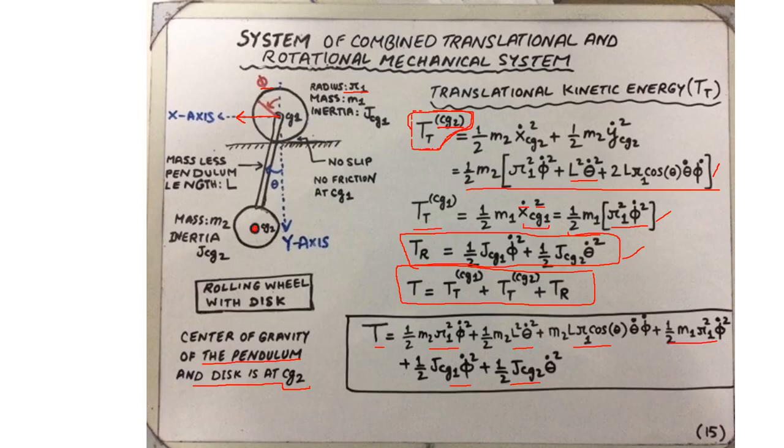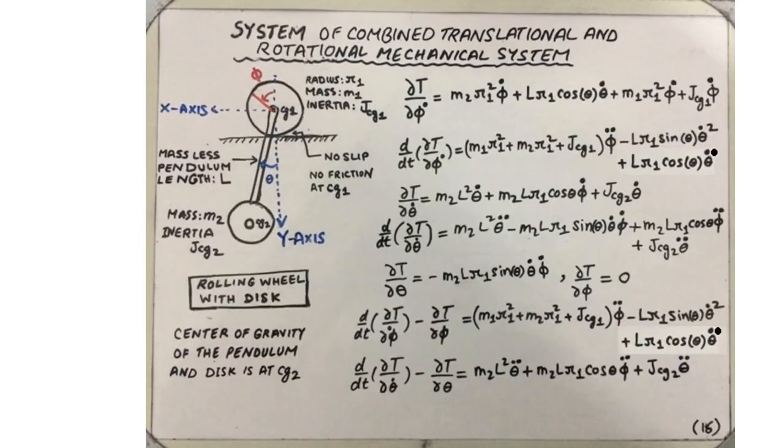Just remember that. Once the expression of the total kinetic energy of the system has been written out, our next task is to find the partial derivative of the kinetic energy with respect to the displacement variable. Now, what are the displacement variables chosen in this case? Assuming that there is some torque applied to the bottom disk, and some torque applied to the top wheel, and hence both of them are exhibiting motion.